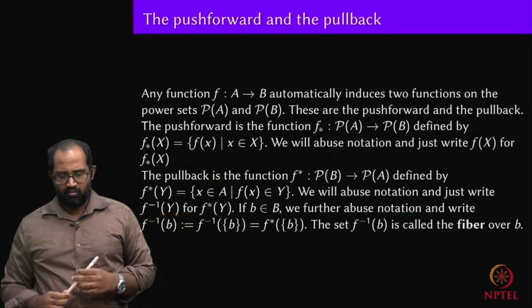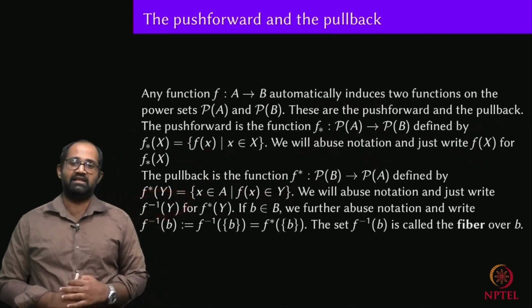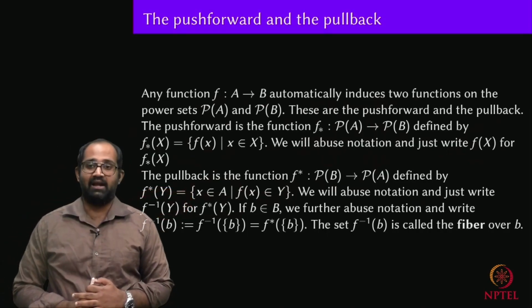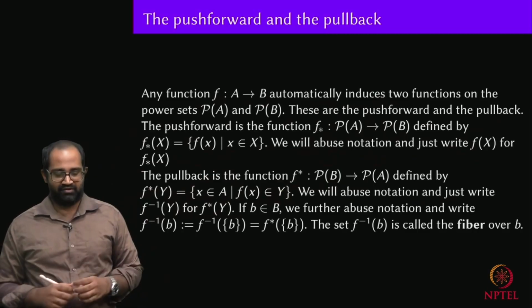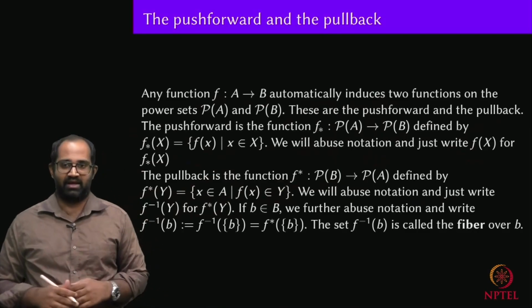To be more pedantic, we will usually read this as the pre-image of y under f. That is the more elaborate way of saying it, but we will often be brief and lazy and just say f inverse y.